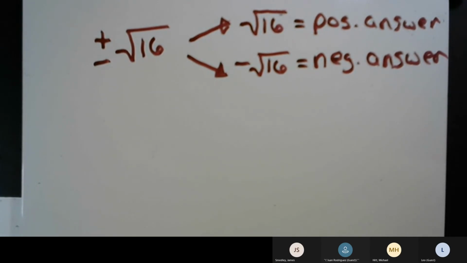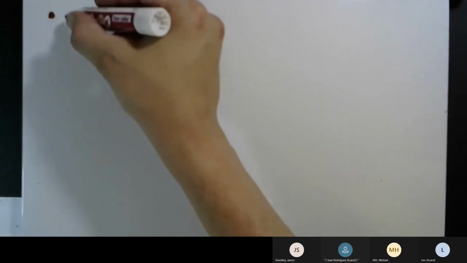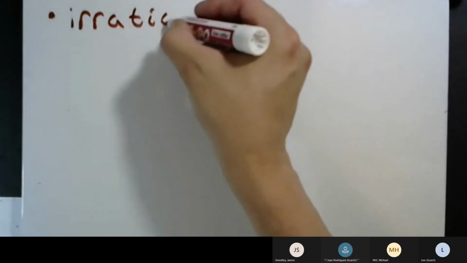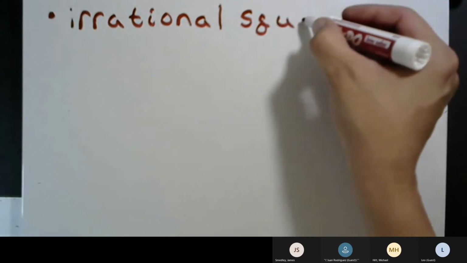So the last thing to mention has to do with a special situation like this. And these are going to be irrational square roots.